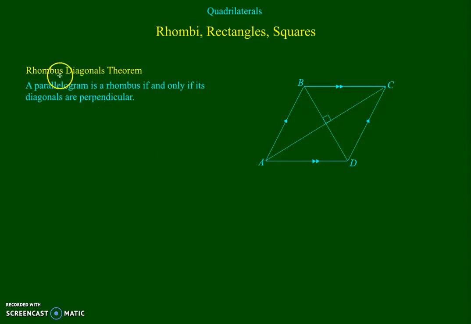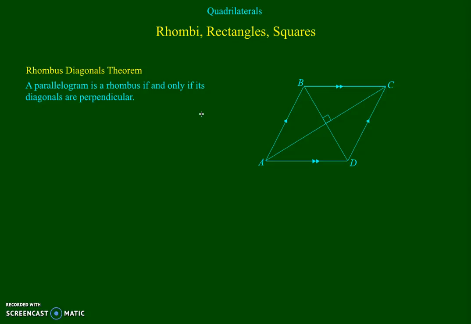Here we have the rhombus diagonals theorem, and it says a parallelogram is a rhombus if and only if its diagonals are perpendicular. So this is a biconditional, and because of that, you can split this into 2 separate statements. You can say that if a parallelogram is a rhombus, then its diagonals are perpendicular, and you can say that if the diagonals of a parallelogram are perpendicular, then it's a rhombus.